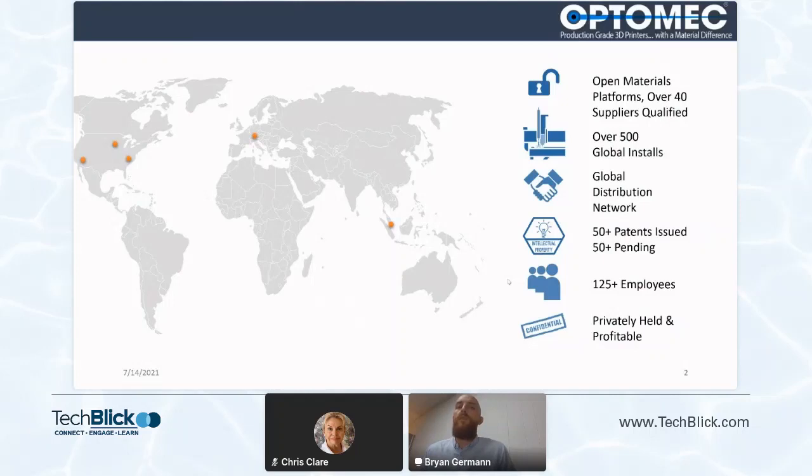We have 3 locations in the US, 2 internationally, 1 in Zurich, Switzerland, which is a demo facility where we have equipment and sales and support, and a similar facility in Singapore. As of right now, we're sitting right around 125 people, and we are a private company and growing each year, expanding our reach in terms of installs and influence over the technologies that we touch.